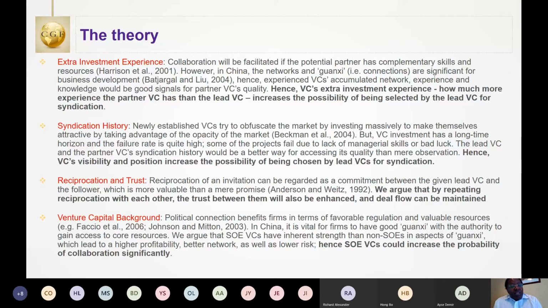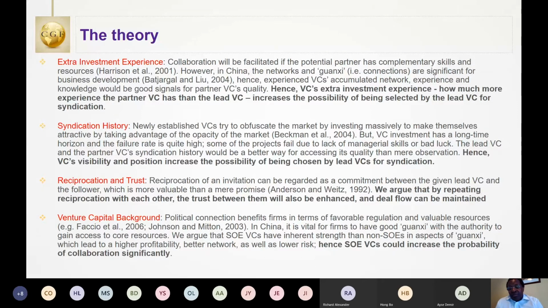But then the theory says it's not only the investment experience that matters. The syndication history will matter. And this arises from Beckman's observation that sometimes newly established VCs try to obfuscate the market. They invest massively, they make themselves very visible, and they take advantage of the opacity of the market. However, as we know, VC investment has a long time horizon, and the failure rate is quite high.